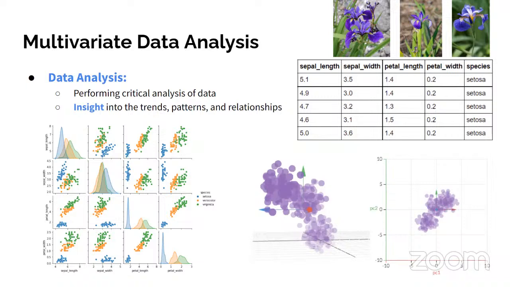But what if you want to get insights based on a combination of all those 4 features? You want to reduce these 4 into 2 or 3 dimensions and get those insights. This is why we want to perform dimensionality reduction. This is one of the objectives of dimensionality reduction.